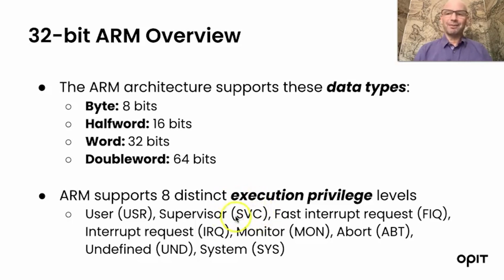The kernel, the core, runs in SVC mode, which is equivalent to ring 0 on an x86, x64 architecture. And user mode, USR, is equivalent to running on ring 3 on x86 and x64 processors, if we're comparing how each of these functions in kind of the same way.